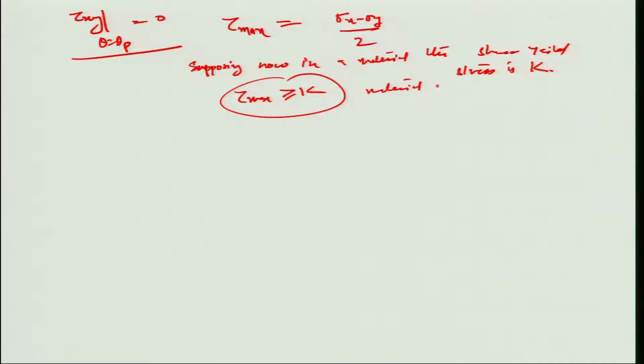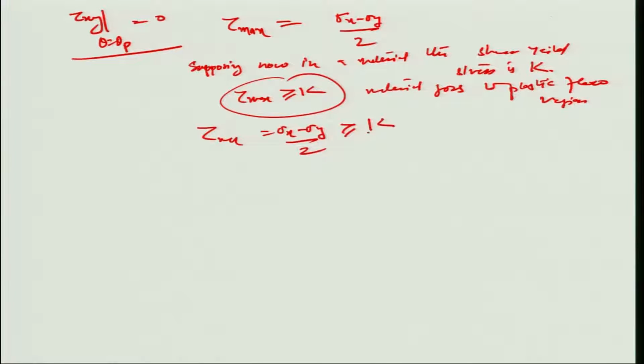So the material goes to the plastic flow range or plastic flow region. So in this expression, tau max equals sigma x minus sigma y by 2 should be greater than or equal to K, and that is the Tresca's criteria for plastic deformation or plastic flow.